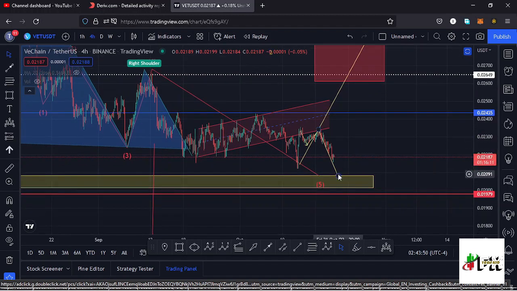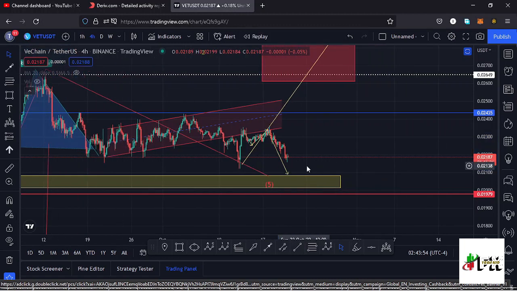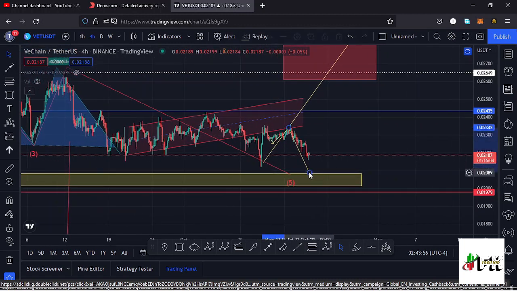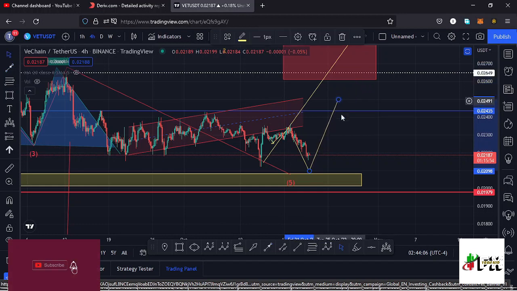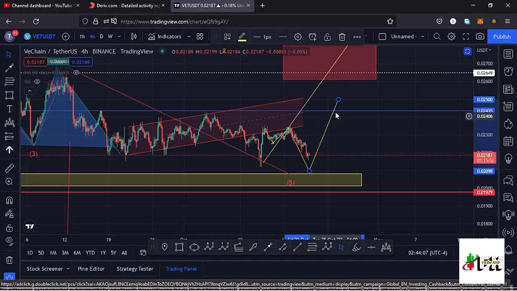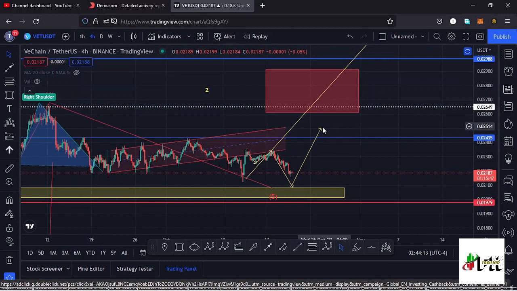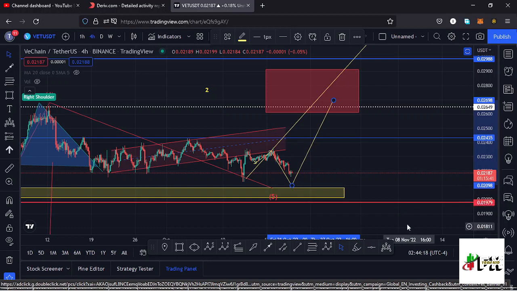In case Vechain continues to unlock lower prices and gets us back to around the $0.02 mark, which is a key area of support, there's a possibility that we might find support and see a very nice bounce to the upper side, and maybe that movement could enable us to break above the key area of resistance at around the $0.024 mark, have a successful retest, and get us into this target area in the formation of a wave 2, then before we see another massive breakout to the lower side in the formation of a third wave.